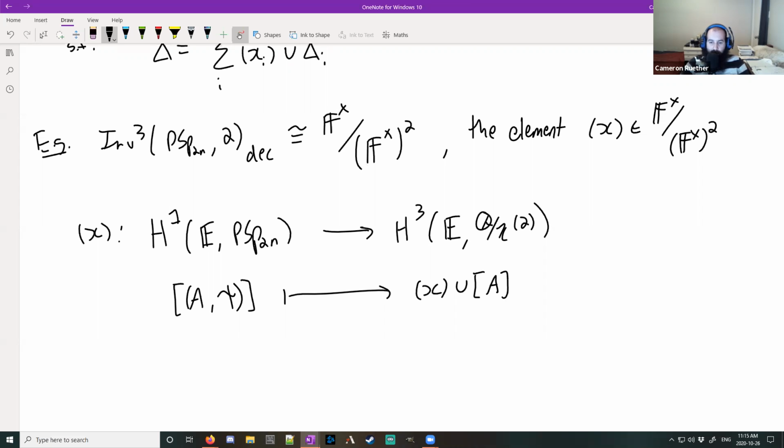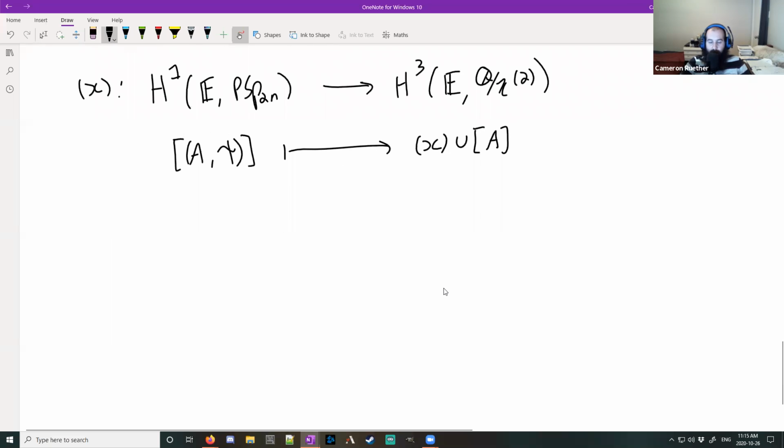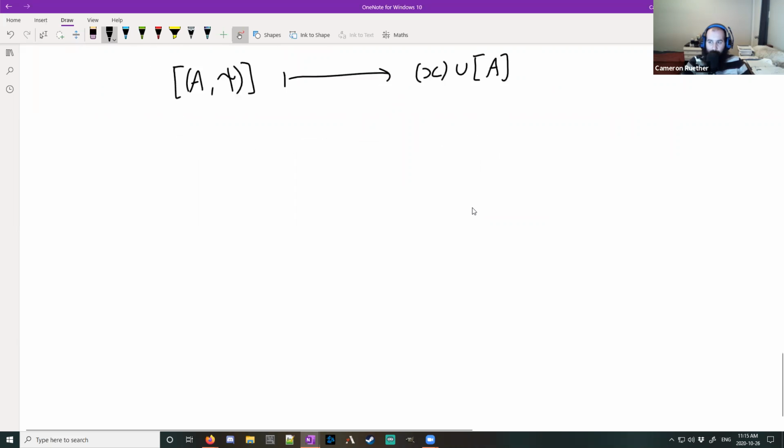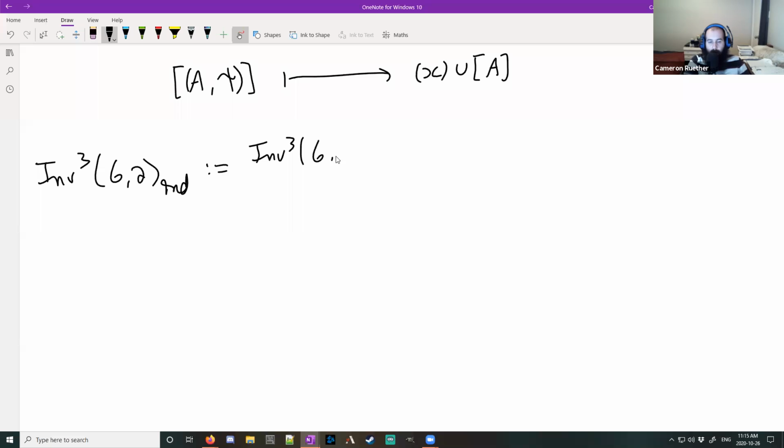So the decomposable invariants we can understand, we can describe them. To get at the rest of the normalized invariants, we would like to literally mod out by the knowledge we have. Doing so leads us to the definition of indecomposable invariants. These are just defined to be the quotient of the normalized by the decomposable.